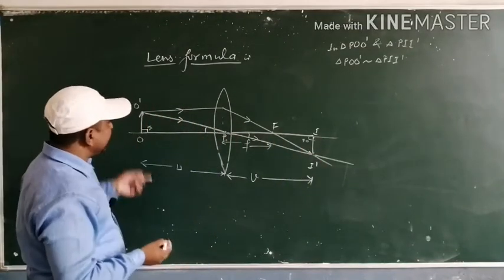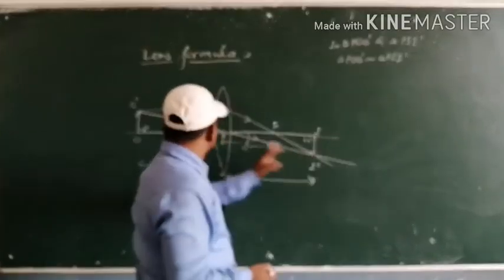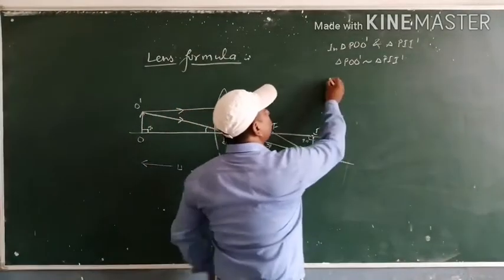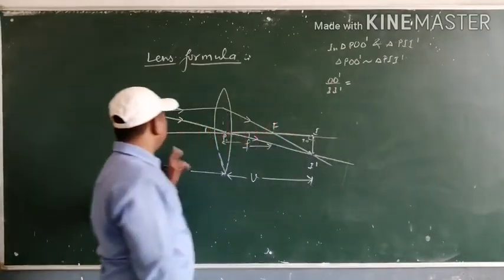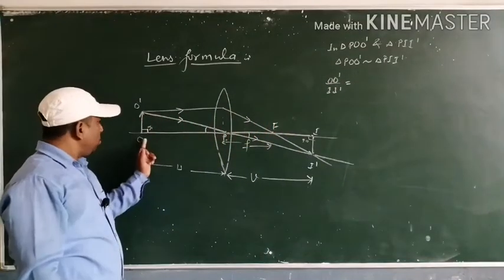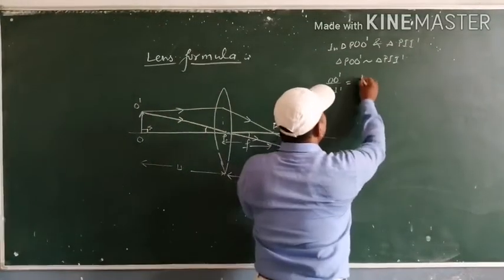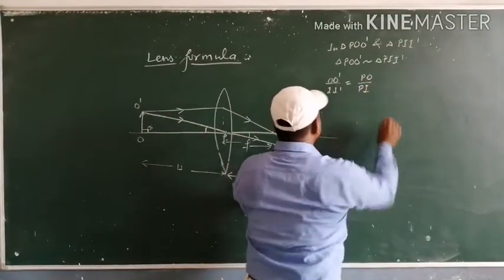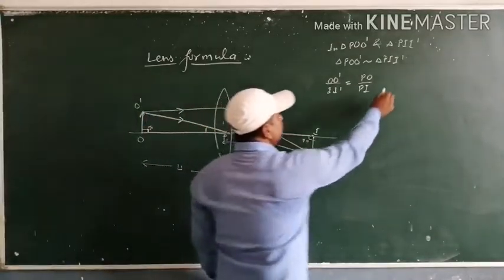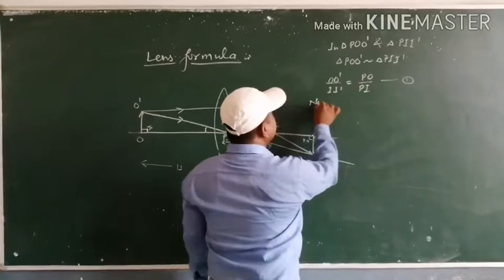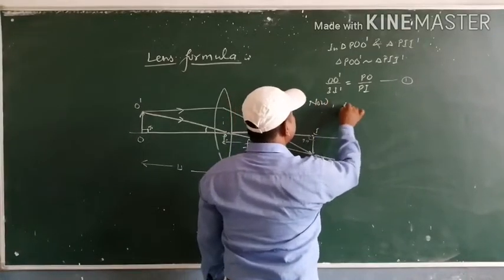It means OO dash divided by II dash is equal to PO divided by PI. This will be equation number 1.